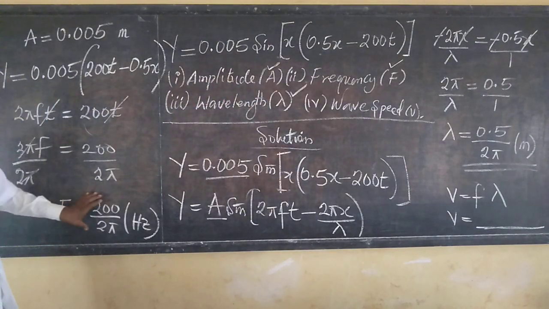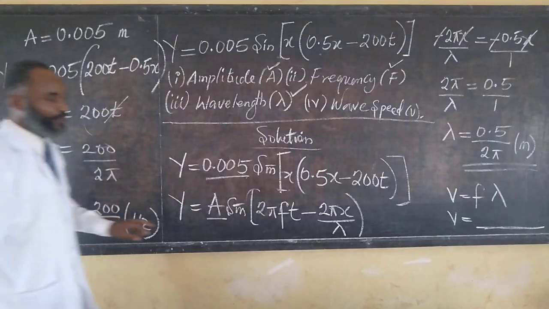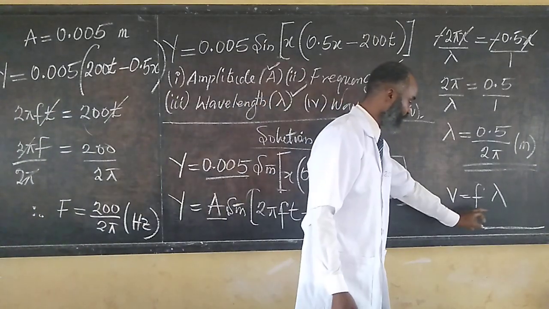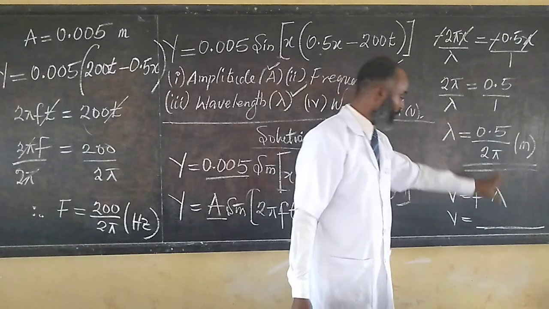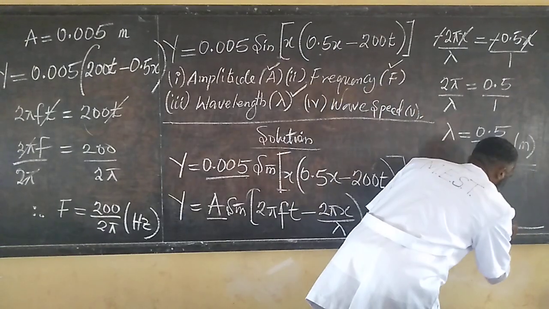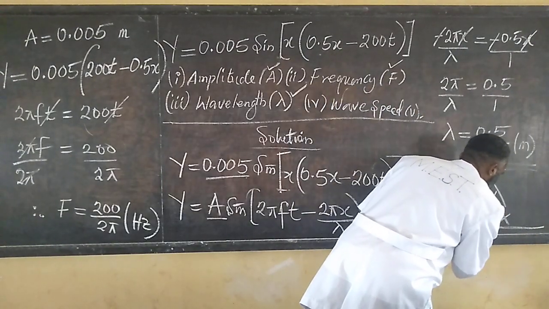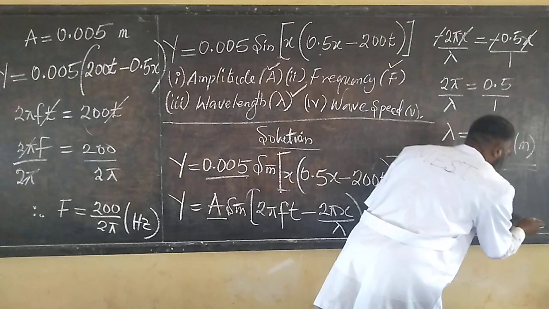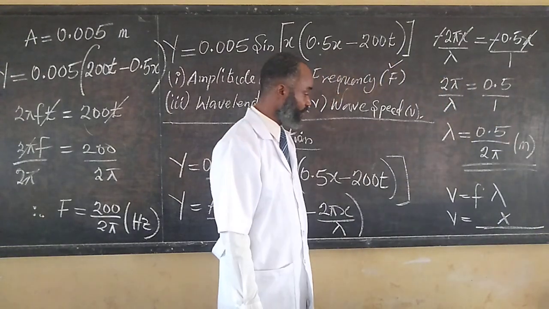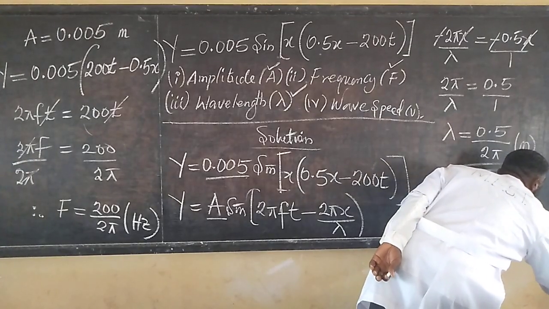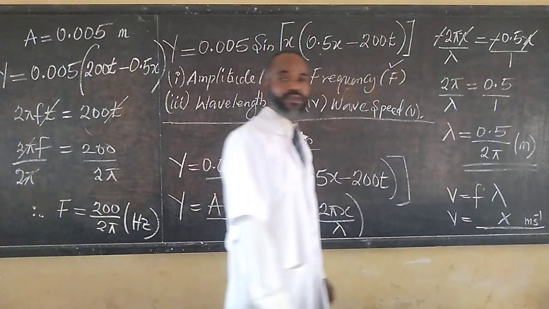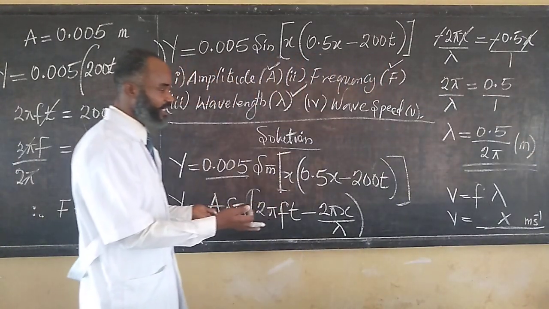Look at frequency here. Simplify this further. Put it here. Okay? Then look at the value of wavelength. Multiply the value of frequency here, the value of wavelength here. Whatever it gives you is the wave speed measured in meters per second. That's how to find that.